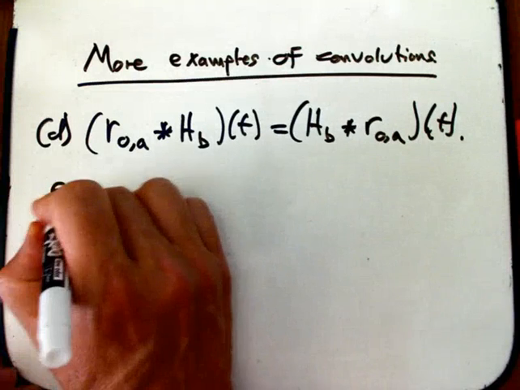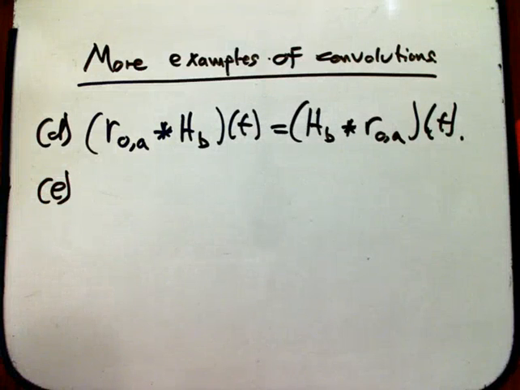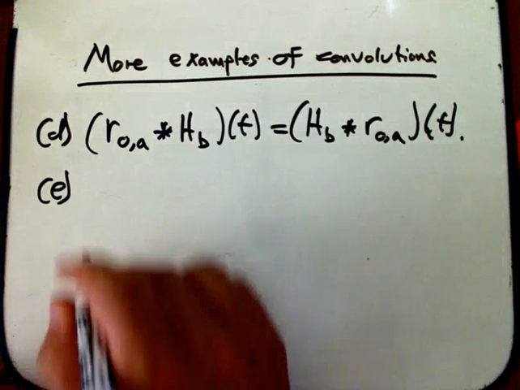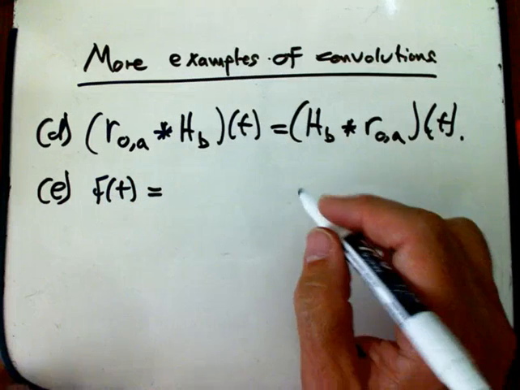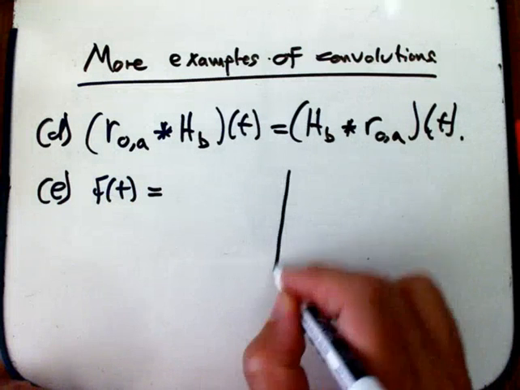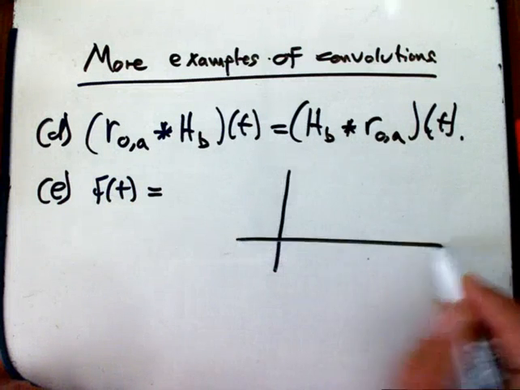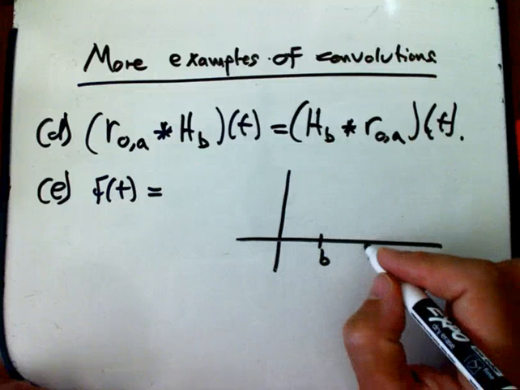But it's kind of nice to sneak up on that, I think, to get it in the concrete cases first. Okay, now here's a more complicated one. Definitely not going to do all the details for you on video because it would be extremely tedious. Okay, f of t, I write it as a sum of like linear functions and step functions and things like that. The punchline is that it starts at b.